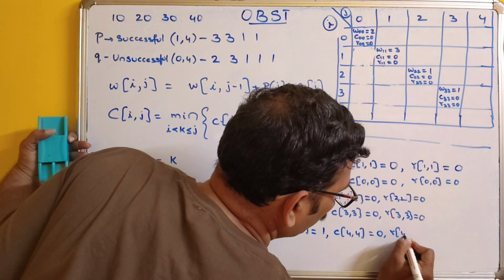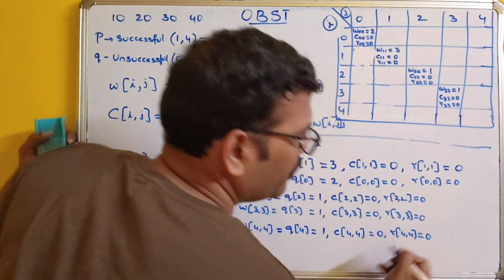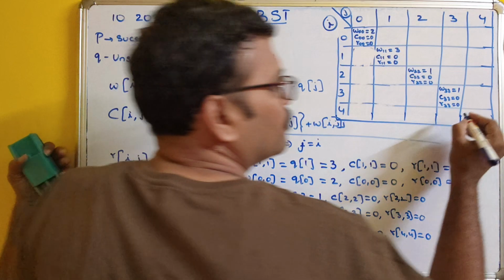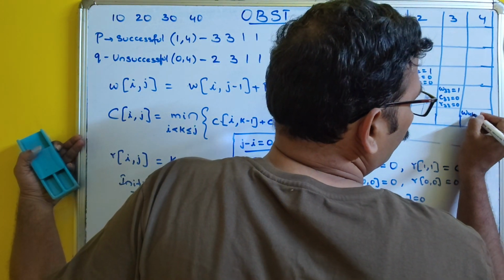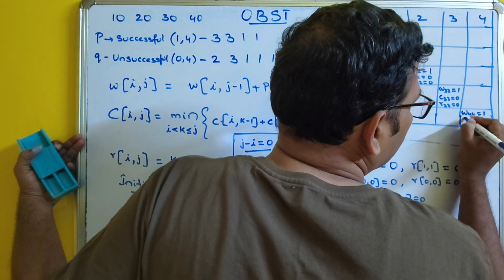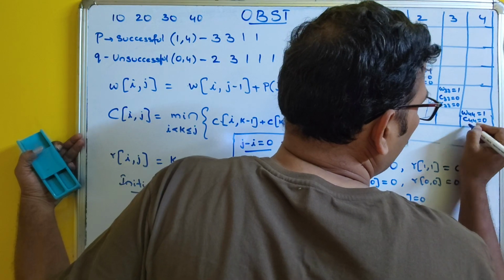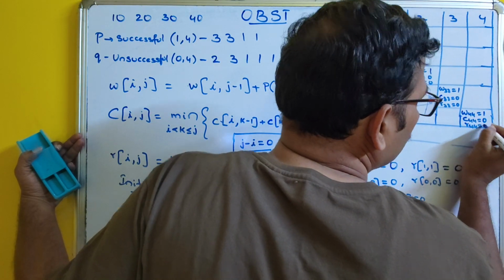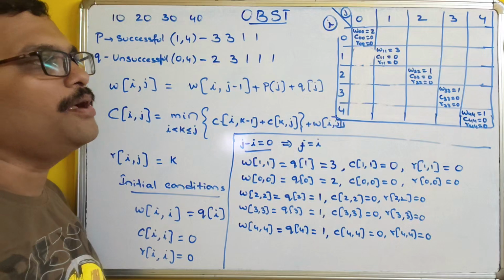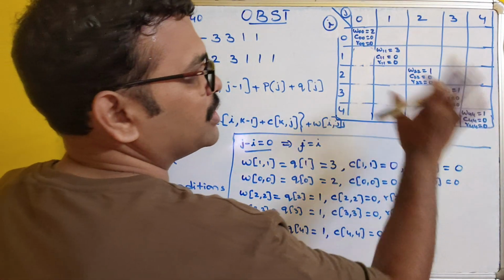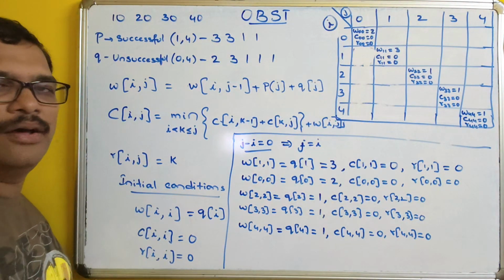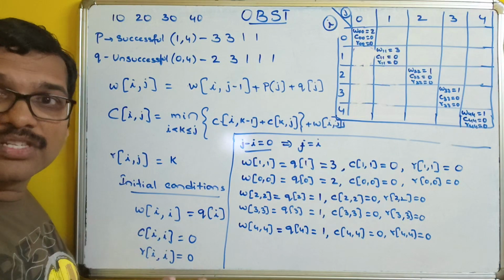And R of 4 comma 4, if there are no elements, then automatically root will also be 0. So W of 4 4 is equal to 1, C of 4 4 is equal to 0, R of 4 4 is equal to 0.